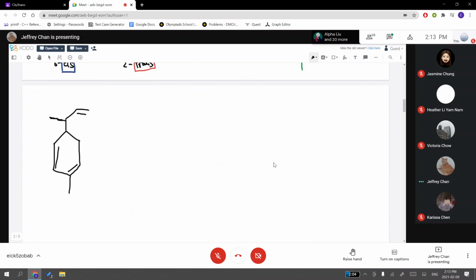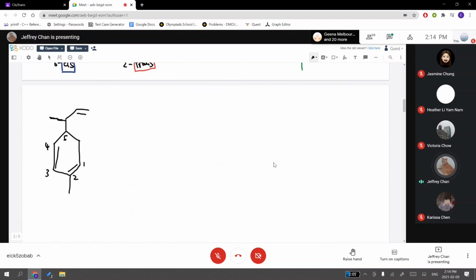So in terms of naming, you want to give the double bonds in your cyclos the lowest number. So in this case, you would go 1, 2, 3, 4, 5.